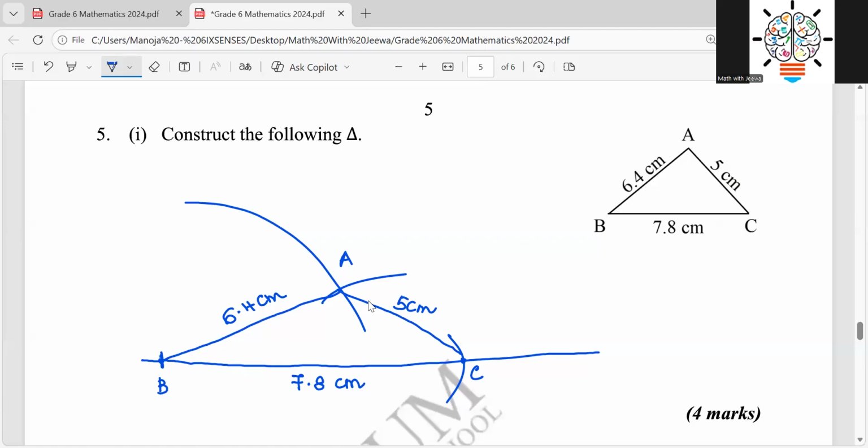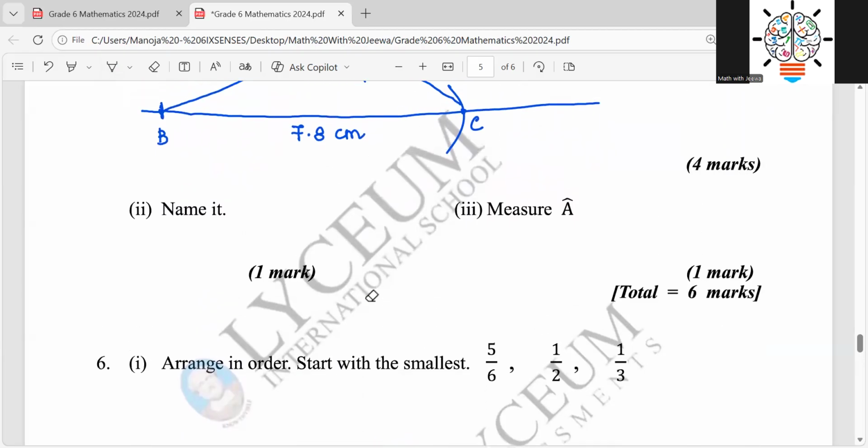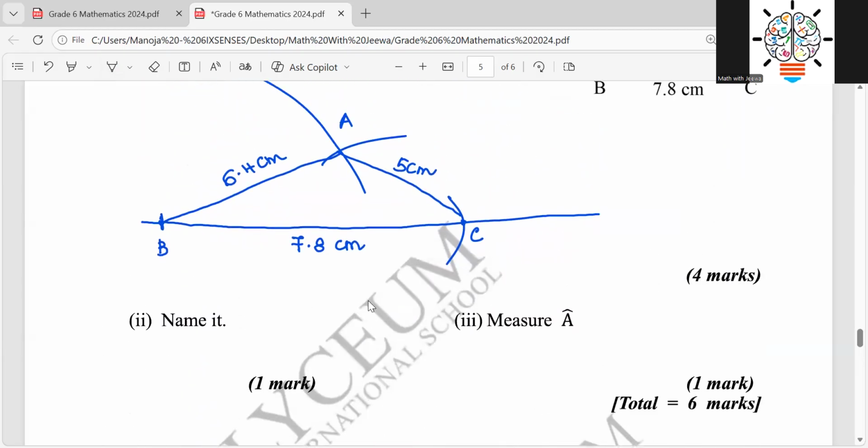So then next, you should see, measure angle A. Measure angle A. Then you keep the protractor and you just draw the dotted line here. You keep the protractor like this and you want to measure the angle.